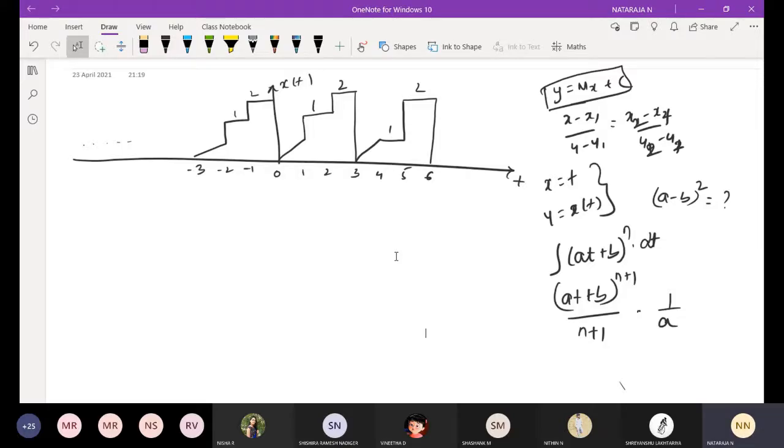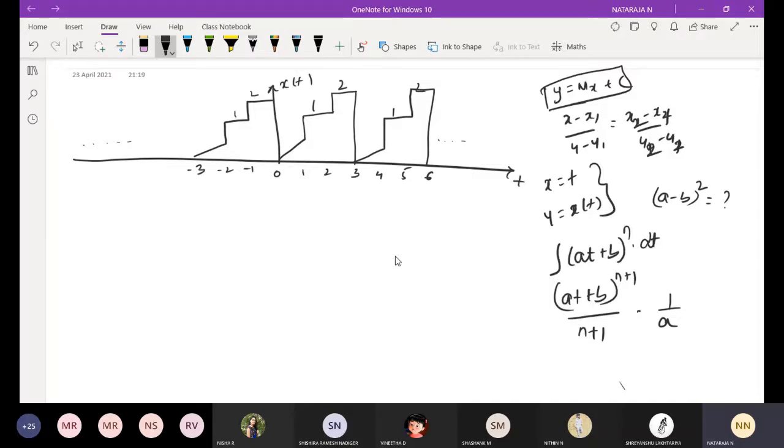Yeah, from 0 to 4 it's a rising, 4 to 5 it's an amplitude 1. Okay. Change, I will change. Okay. Like this.